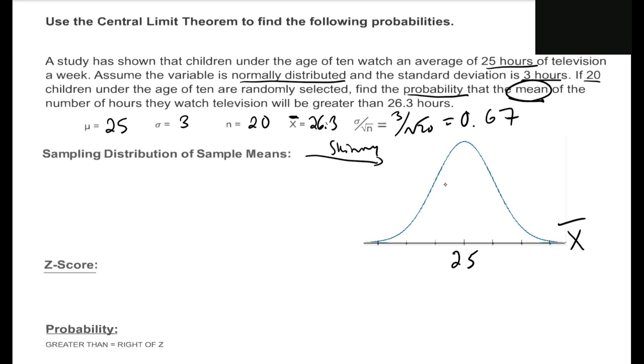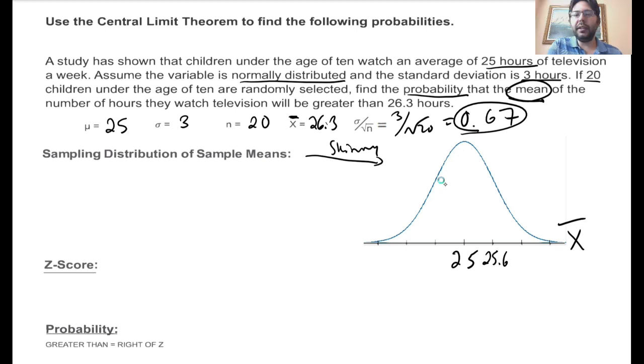However, we're not going to go by our standard deviation, sigma. We're going to go by sigma divided by square root of n, so we're going to be using this number right here. So that means we're going to be doing 25.67, and then we add another 0.67 there, and this will be 26.34.